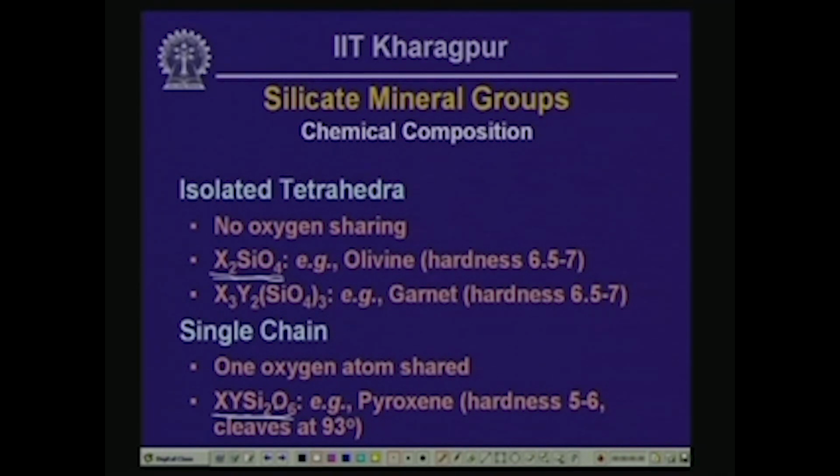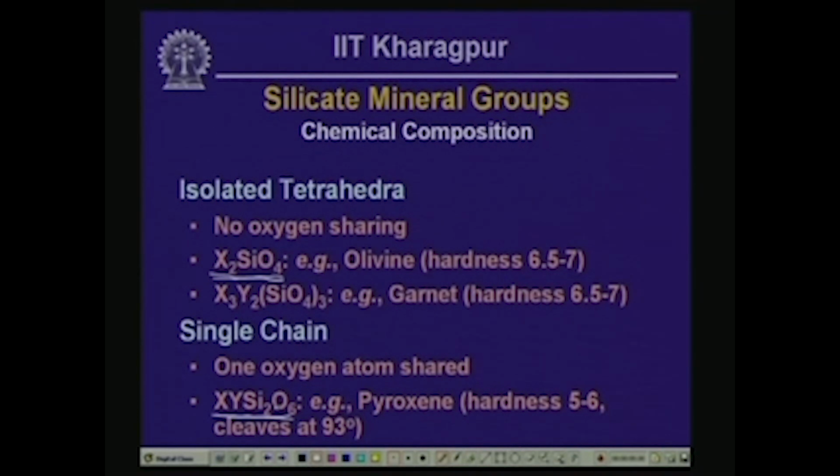This type of formulation is typical of the pyroxene group of minerals, and these minerals have a hardness of 5 to 6, and notice that these minerals cleave at a 93-degree angle. They cleave more or less in orthogonal planes.